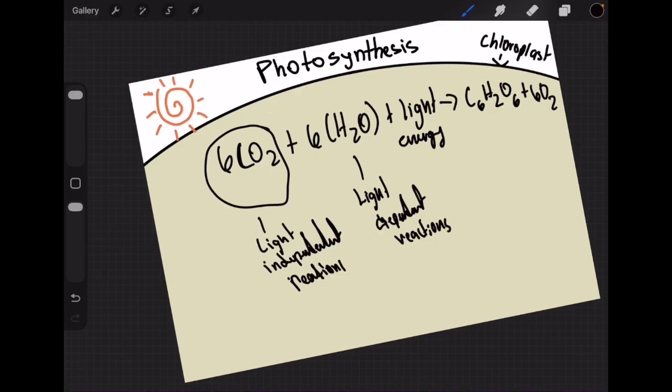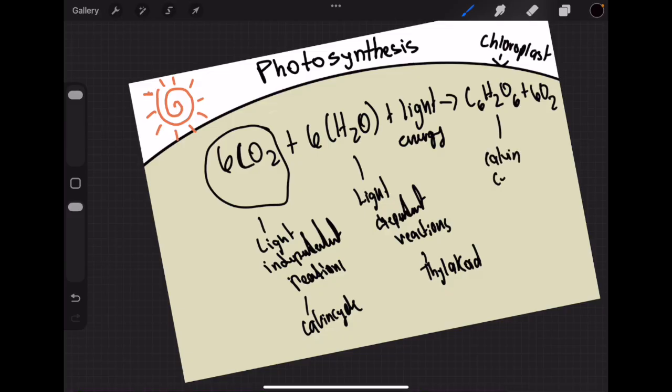So this is going to happen, this is the Calvin cycle, obviously. And this is going to happen in the thylakoid. As a byproduct, we're going to get this glucose, and we're going to get this out of the Calvin cycle, from our 2 G3Ps.